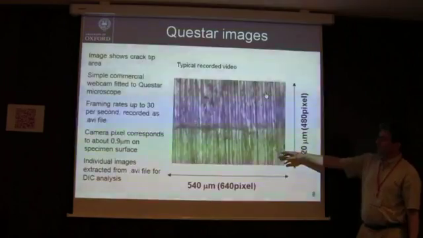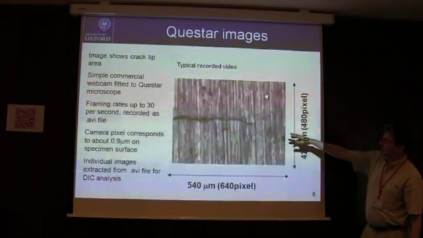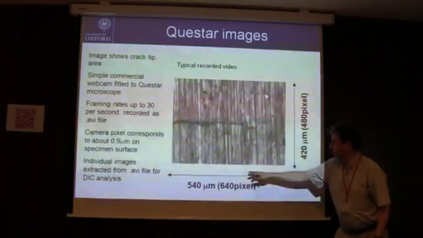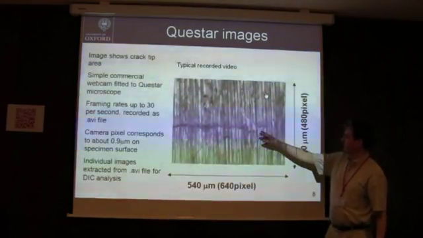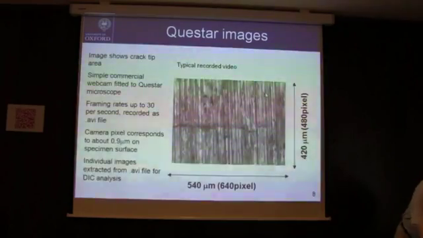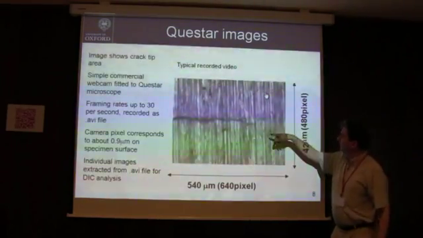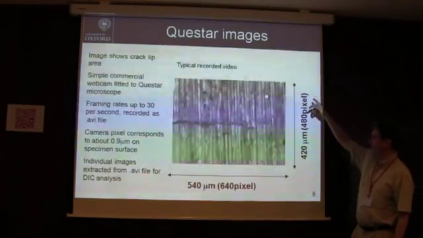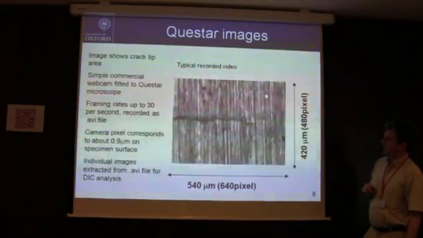So this is a sort of typical video that we record. So you can see here we're very close into the crack tip. It's not entirely obvious where the crack tip is, but it's kind of somewhere here. And we've got about 0.5 millimetre that way by a bit less that way.